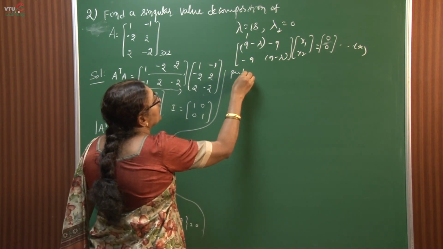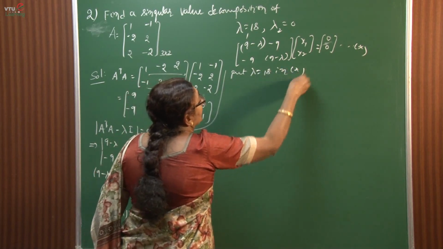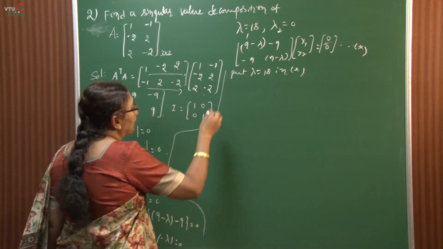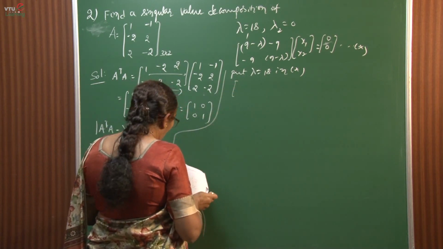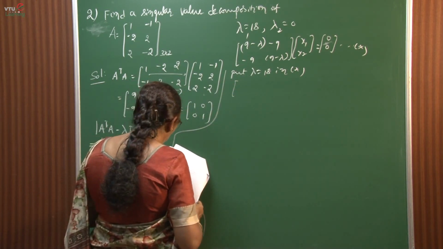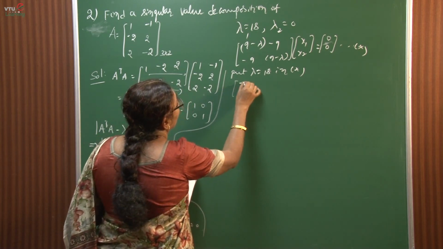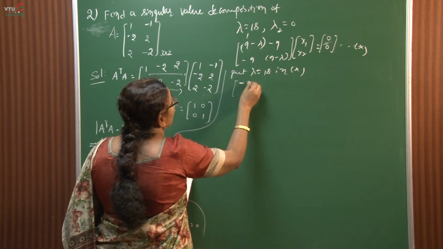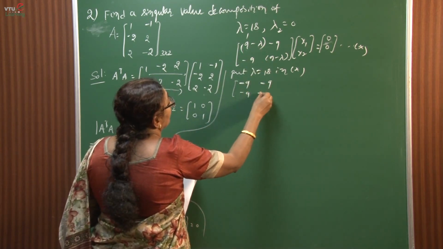Put lambda equal to 18 in star. What we get? The matrix [18 minus 9, minus 9; minus 9, 18 minus 9], which is [9, minus 9; minus 9, 9].